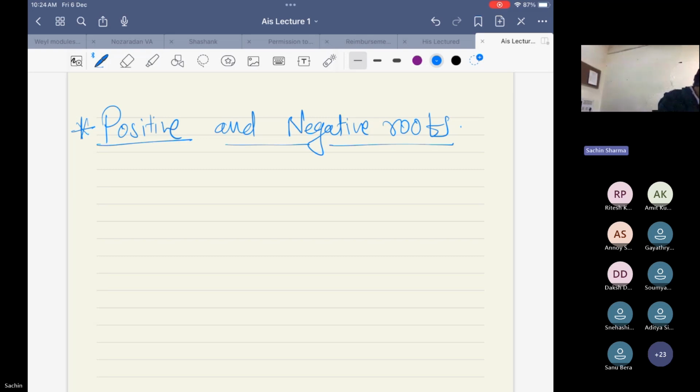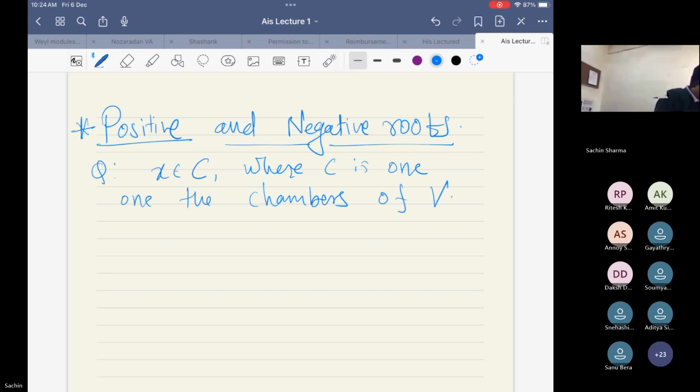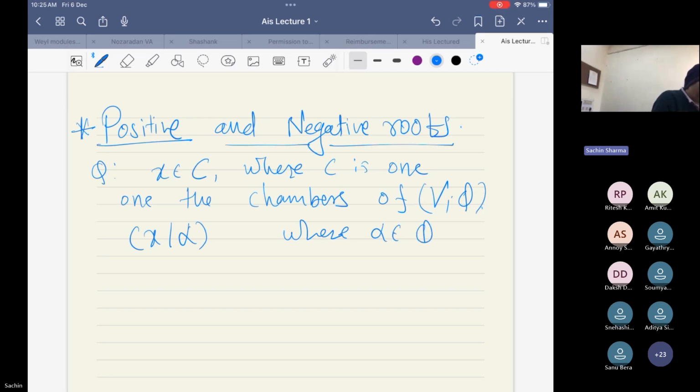First of all, a question. Let x belong to C, where C is one of the chambers of V. What can you say about the inner product of x with alpha, where alpha belongs to phi?